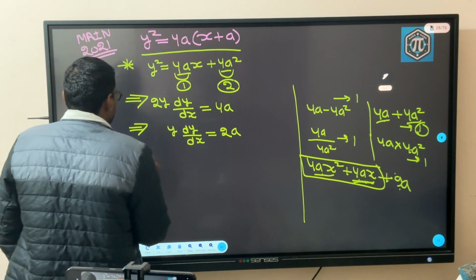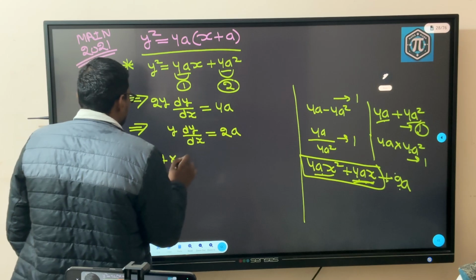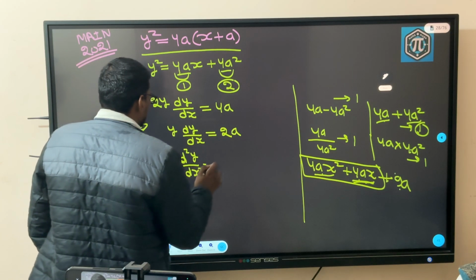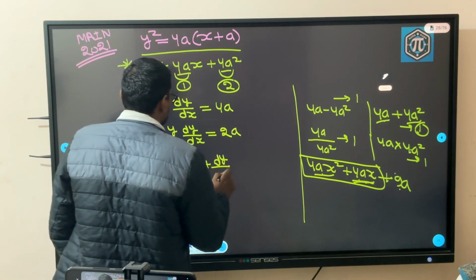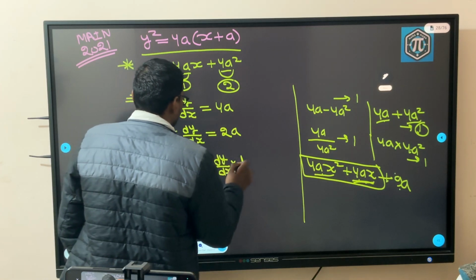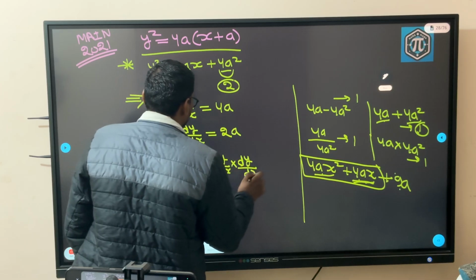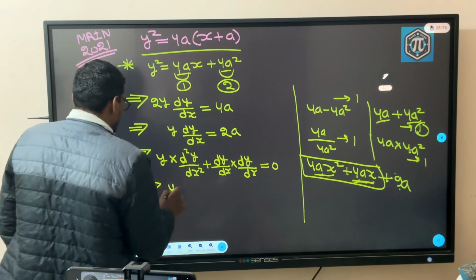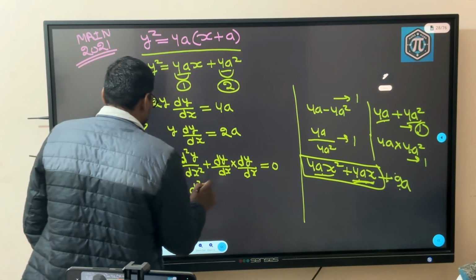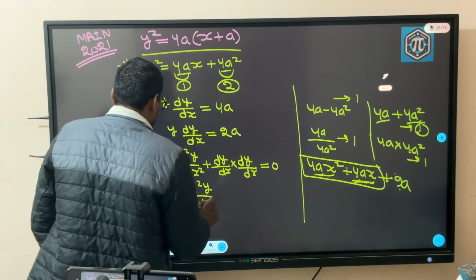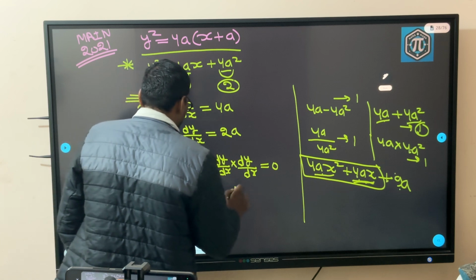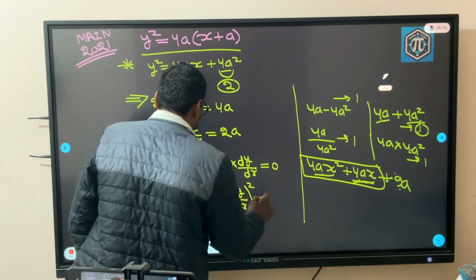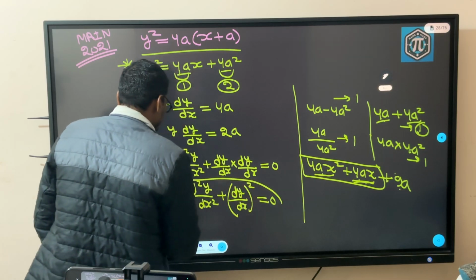Then we will differentiate one more time. y into d square y by dx square plus dy by dx into dy by dx, that's equal to 0. So we will get y into d square y by dx square plus (dy by dx) whole square equal to 0.